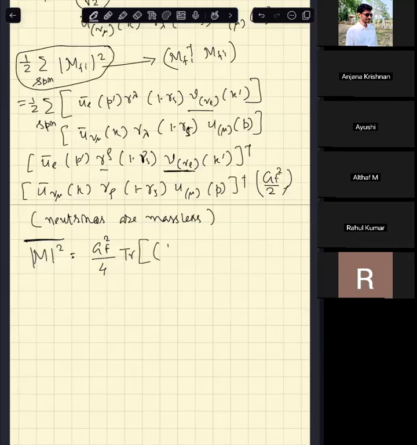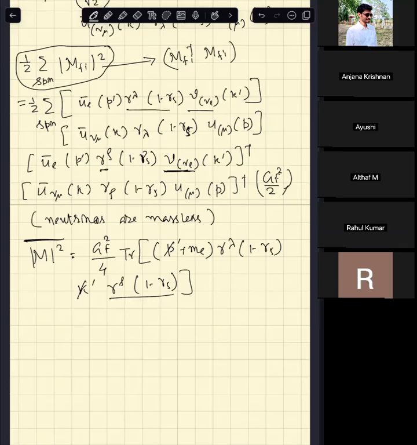So this will be P slash prime plus Me, gamma lambda, 1 minus gamma 5, P slash prime, gamma rho, 1 minus gamma 5. So see, the gamma rho and gamma 5 is there. So those terms are popping out here.